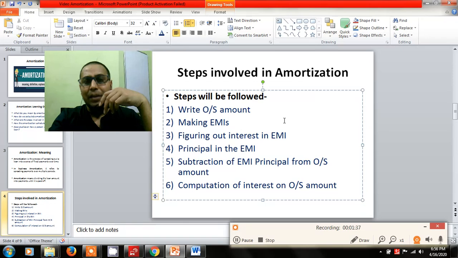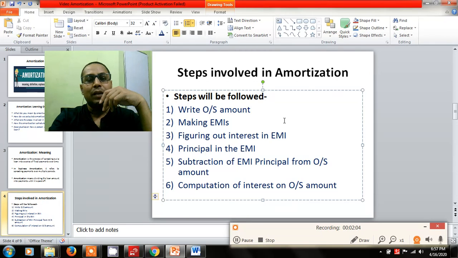There are several steps involved in making a repayment schedule or calculating the amount of the loan, that is, how much installment will be paid by the person who is going to avail a loan from bankers or financial institutions. First, you need to write the outstanding amount, which is the loan principal amount you have taken in the starting.